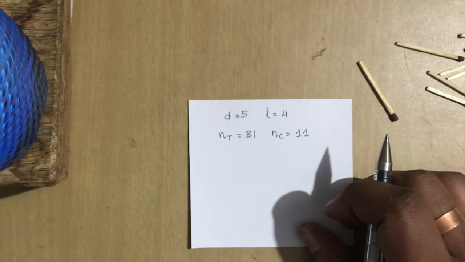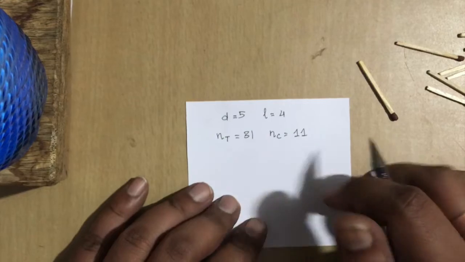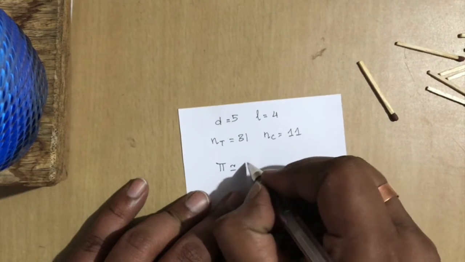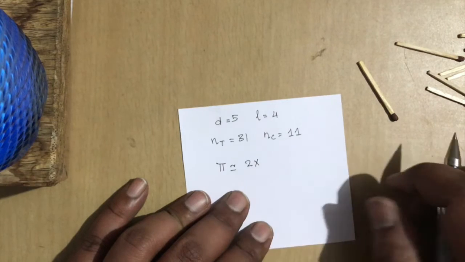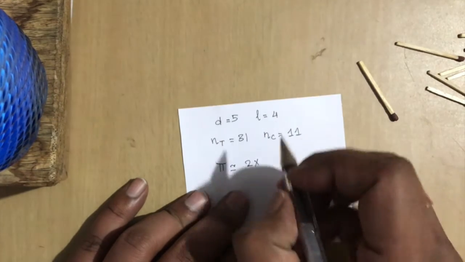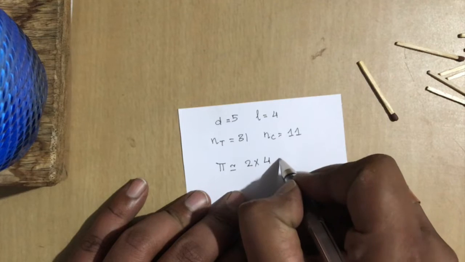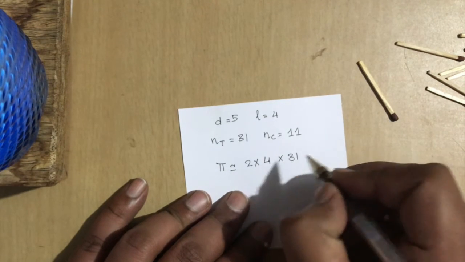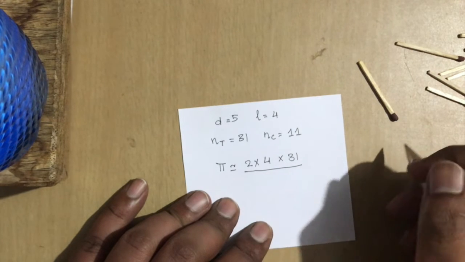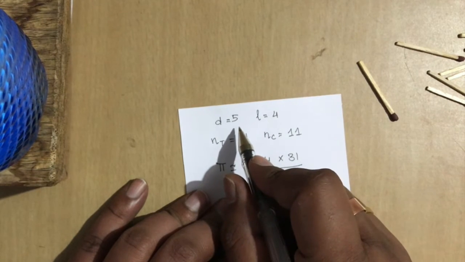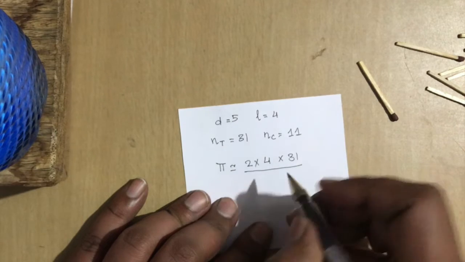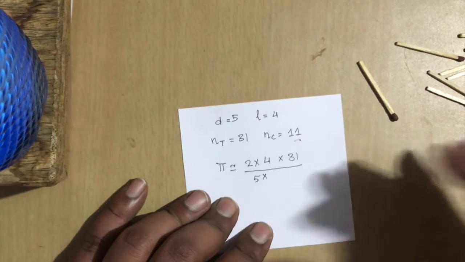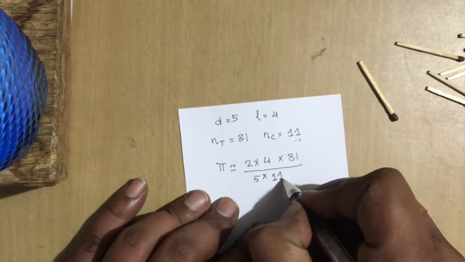Now let's calculate the value of pi. According to this experiment, the value of pi is approximately equal to 2 times the length of the matchstick, that's 4, times the number of matchsticks dropped, 31, divided by the distance between the lines, 5, times the number of matchsticks that have crossed a line, 11.